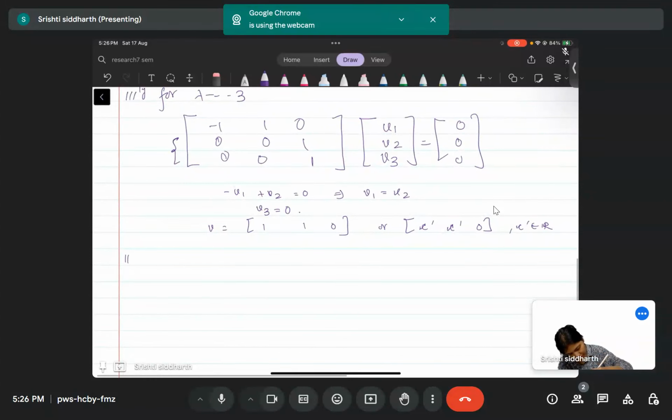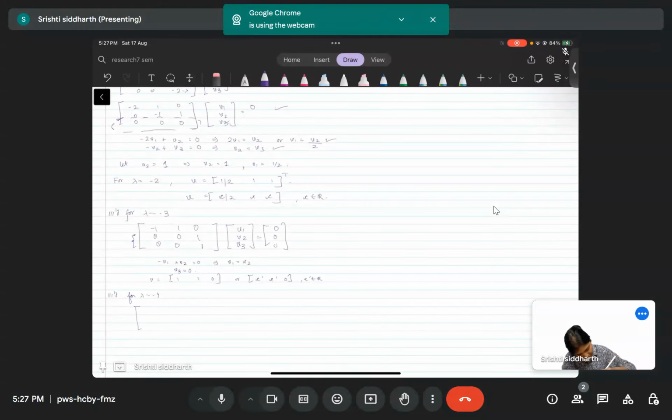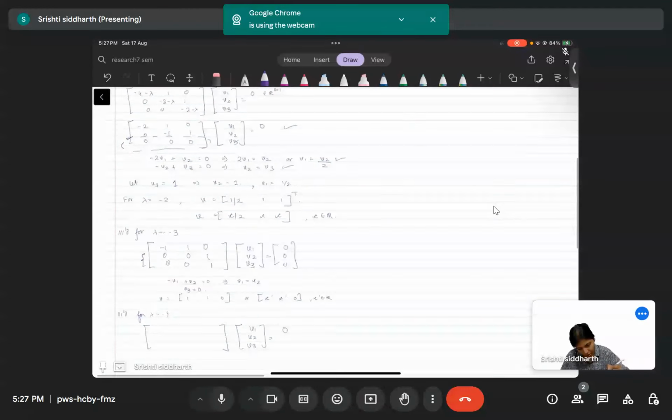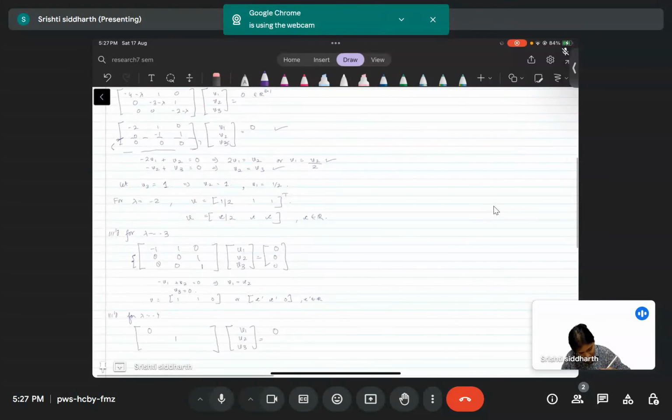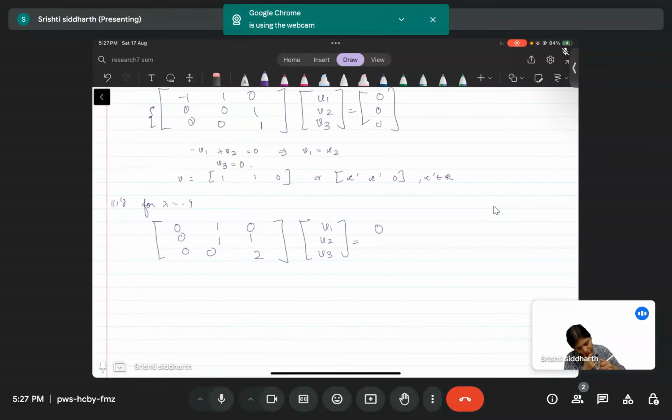For the last eigenvalue, the first equation is simply v2 equals 0.